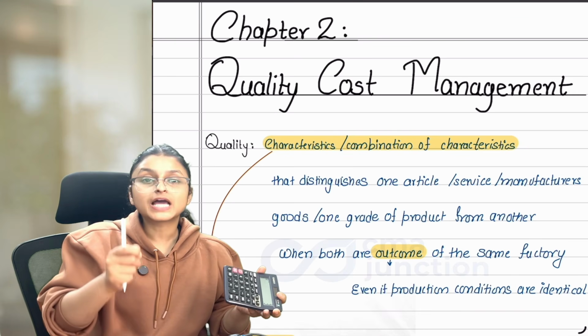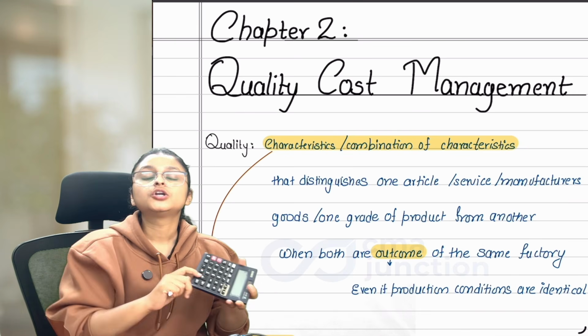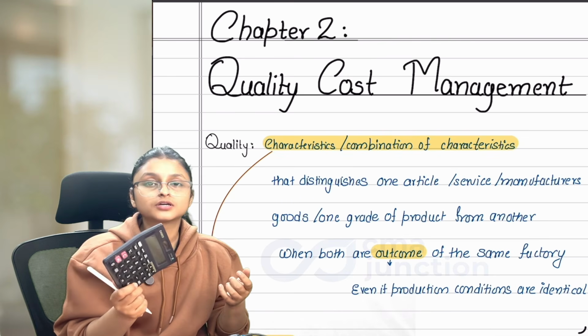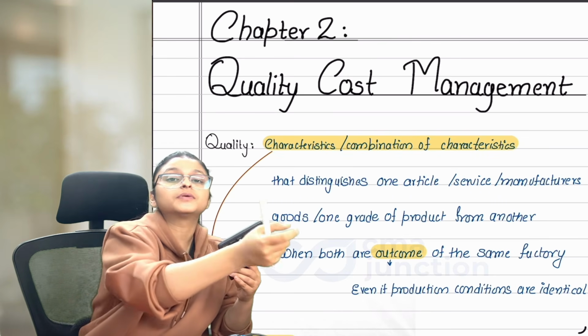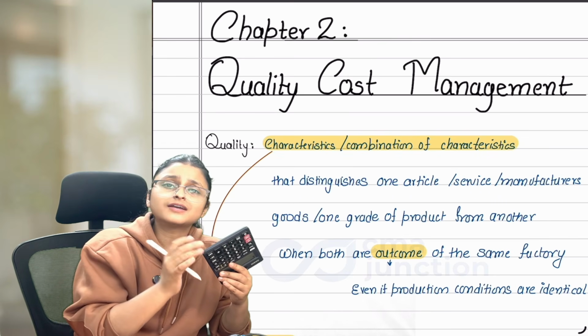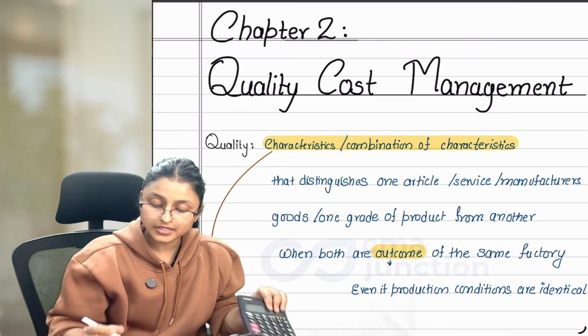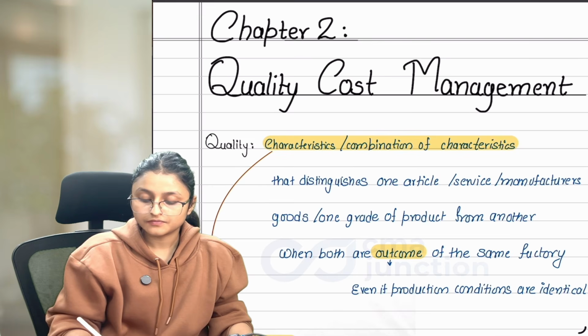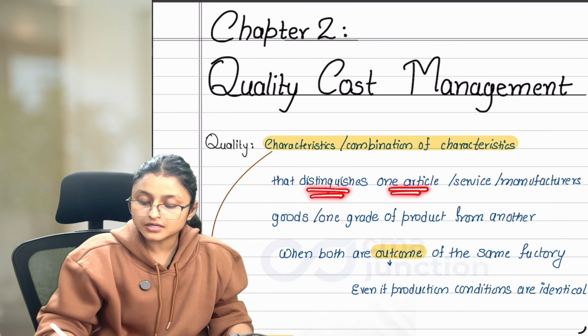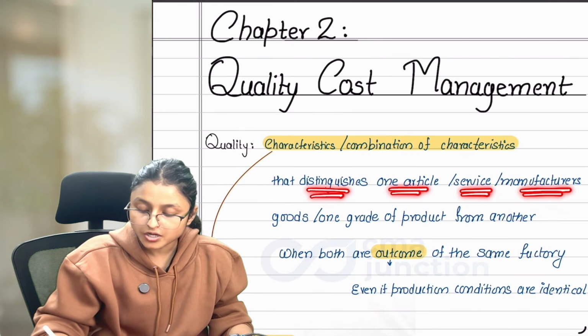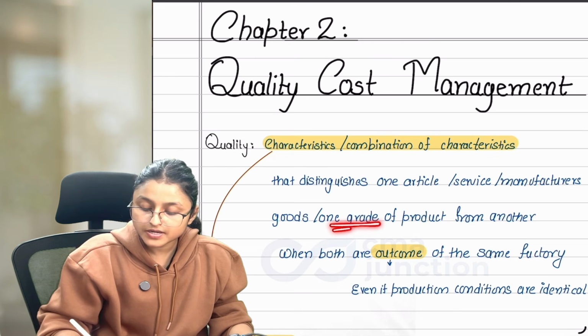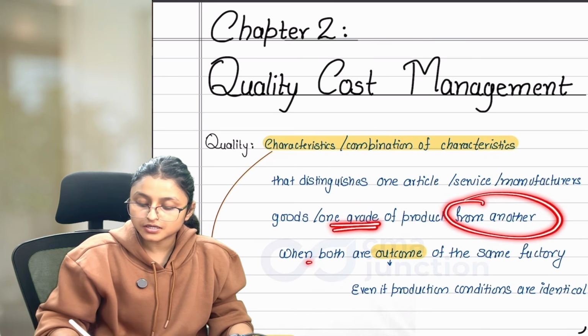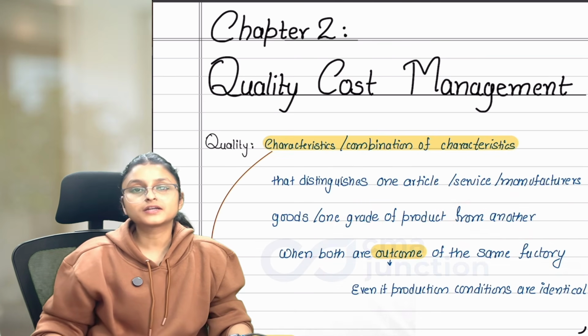So a lot of characteristics are working together to make this a quality product and to distinguish it from another product. And that is what quality is. Quality is the characteristics or combination of characteristics which distinguishes one article or service or manufactured good or one grade of product from another when both are the outcome of the same factory.